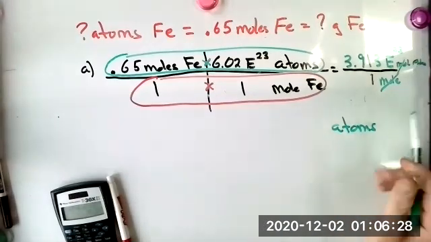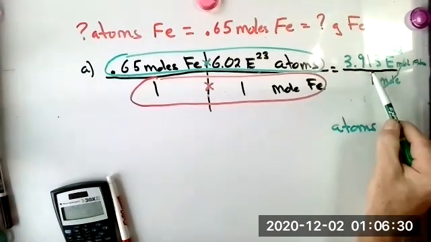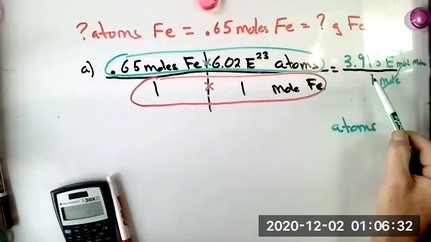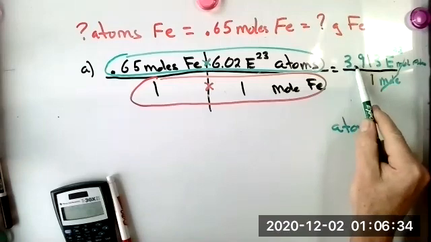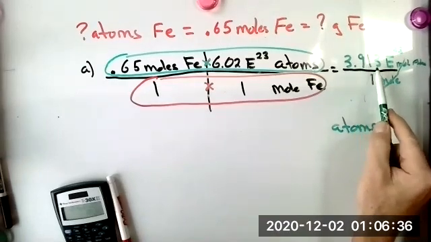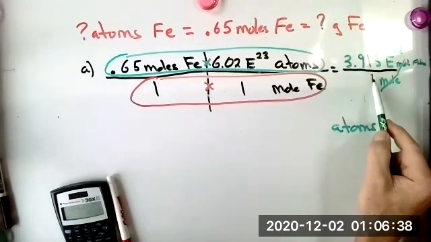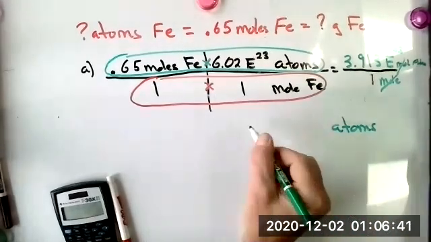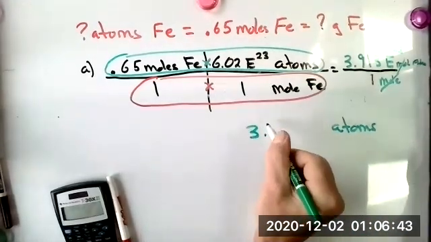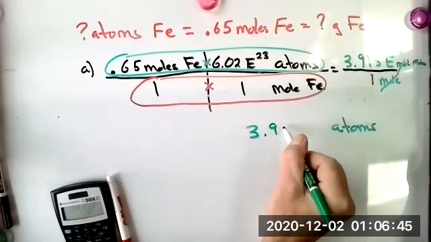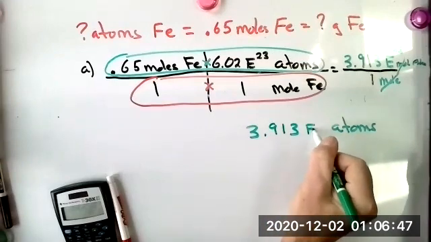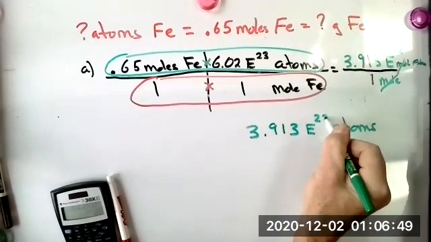The only unit that's left is atoms. But you have to complete this math. Yes, I know, it's easy. 3.913 divided by 1. That is 3.913 e to the 23rd.